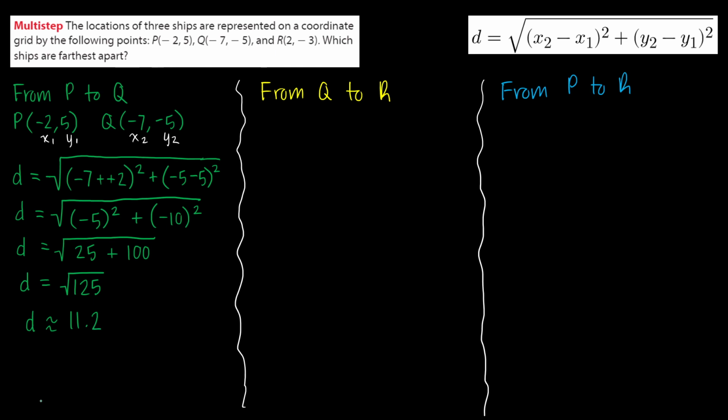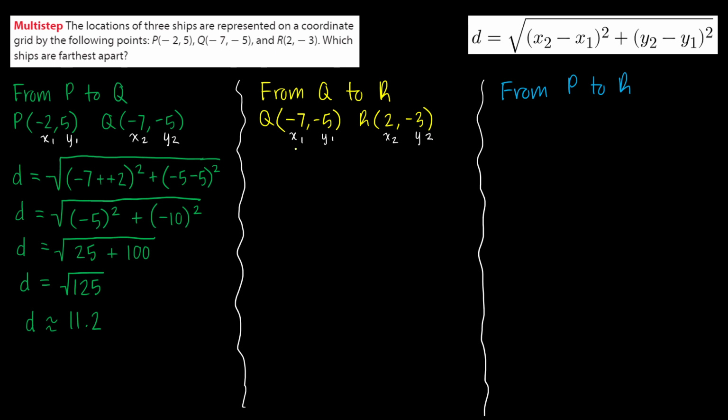But we're not done. We also need to compare this distance to the distance from Q to R and P to R. So Q is at (-7, -5), and R is at (2, -3). And again, assigning variables here, labeling my points. Q is going to be x1, y1, R will be x2, y2.